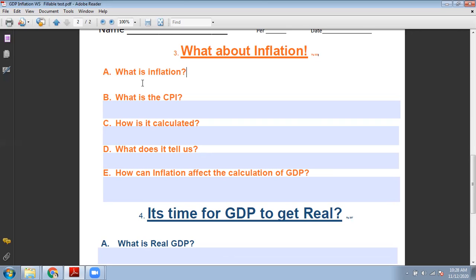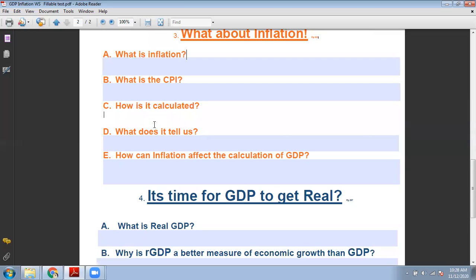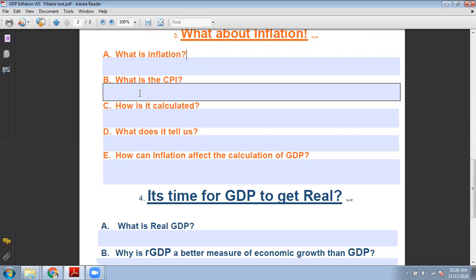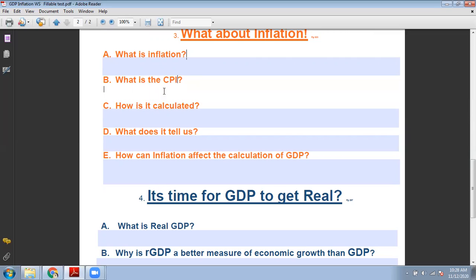All right. Well, you might say, wait, how is it calculated? Well, before we do that, we need to know what the CPI is. It's going to try to answer that question of, wait, how do we know if all the prices are increasing or decreasing? Well, the CPI stands for the Consumer Price Index. So the Consumer Price Index is simply this. It's an index or a measurement tool of the overall price level.